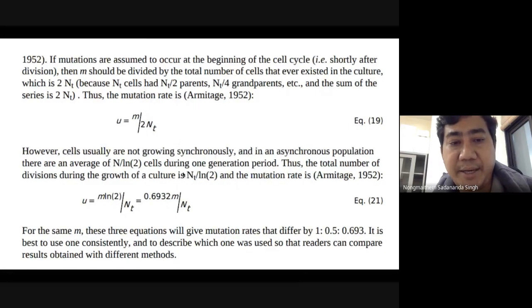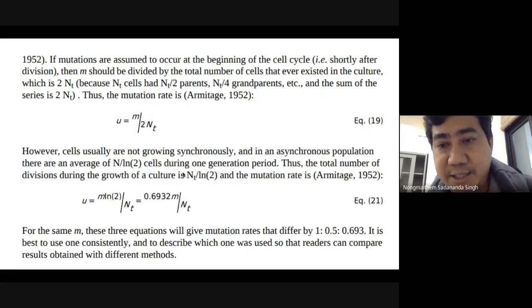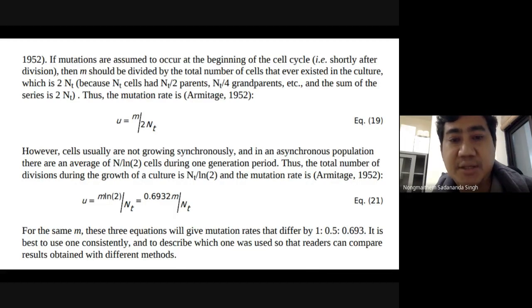Okay, and then next, most of the cultures that we use, E. coli or all these, don't grow synchronously. What synchronous culture means is that all the cells are at the same stage of the cell cycle. So if replication is starting, all the cells in the culture have started replication. When it is dividing into two daughter cells, all the cells are dividing into two cells.